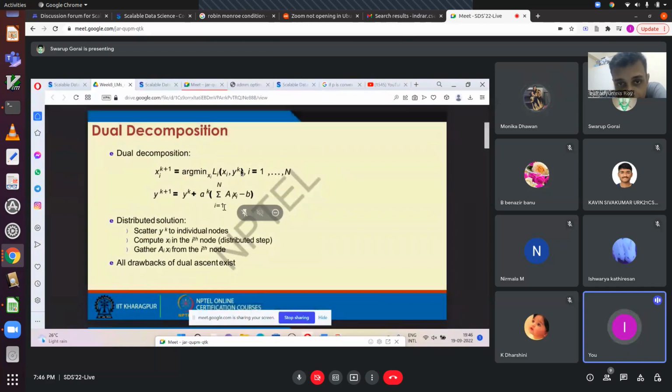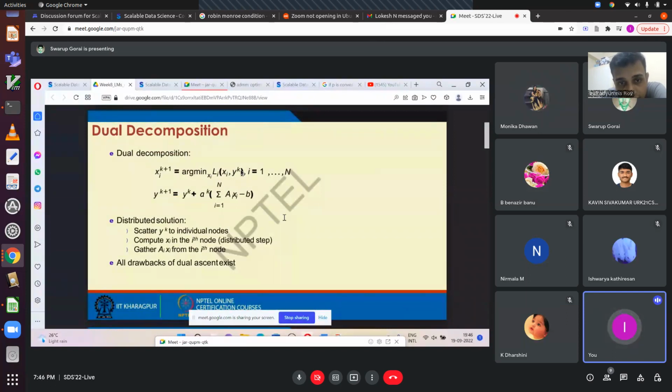So if you have n different machines, you decompose the function and send each of the n parts to n different machines. Then you send a copy of yk to all of those machines because yk is required everywhere. That's what is written: scatter yk to the nodes. Nodes means machines here.